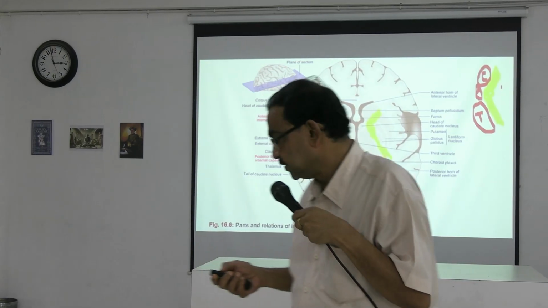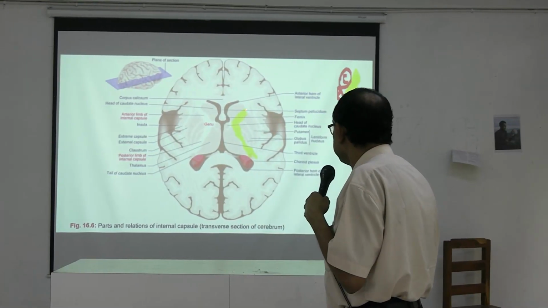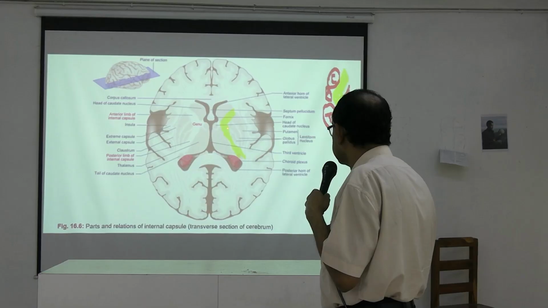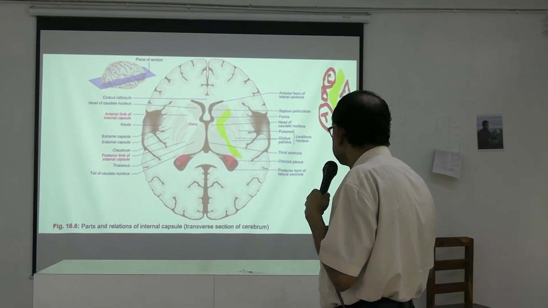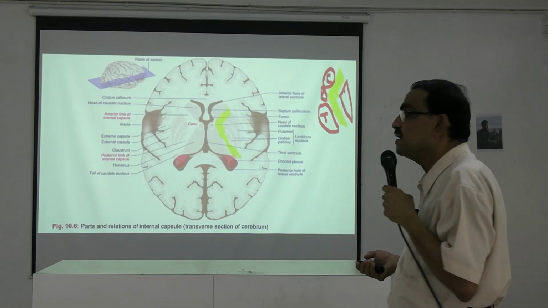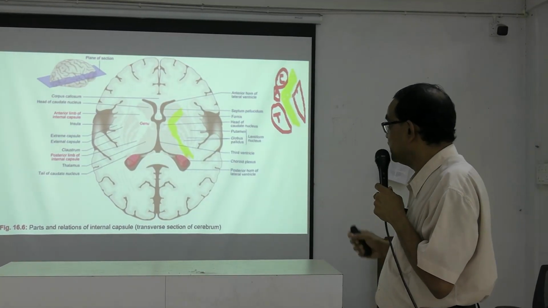Okay. So this is the anterior limb, this is the genu, this is the posterior limb, and there are some other parts, that is the retrolentiform and sublentiform nucleus.